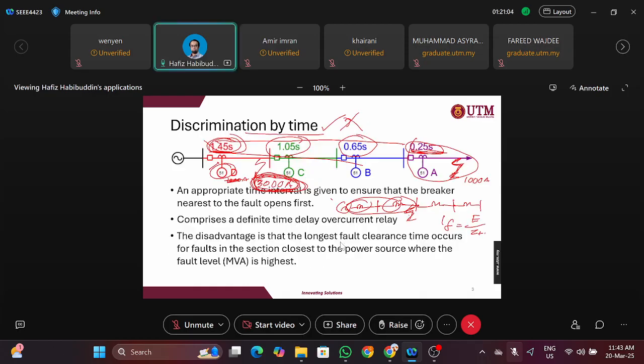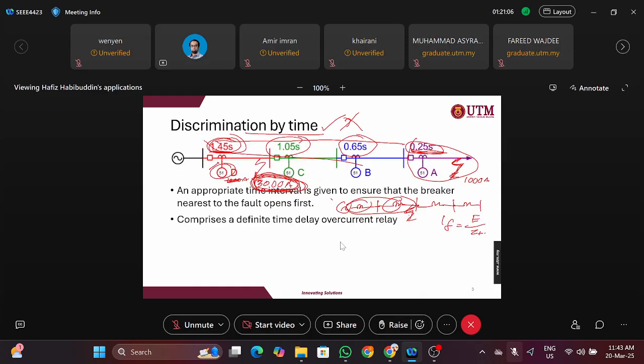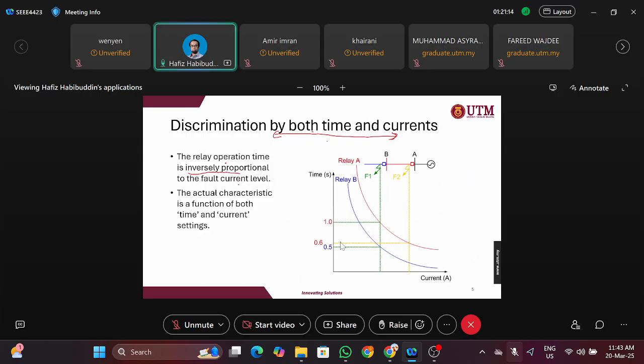And for discrimination by time, the operation time is fixed at whatever fault values. In this case, you have a characteristic that is inverse, shown by this red line here. For a fault current of a certain value here, this is the operating time. With low fault current, a smaller operating time.